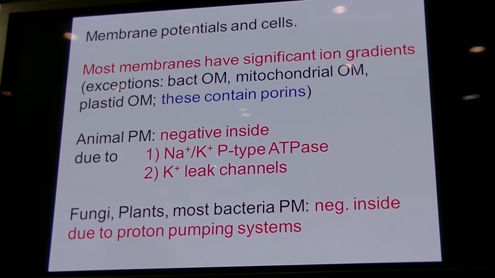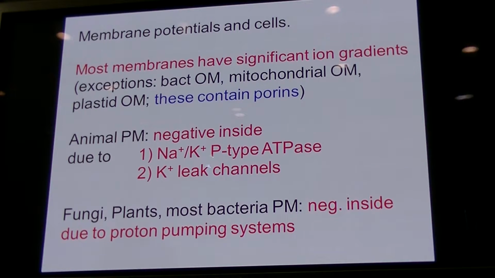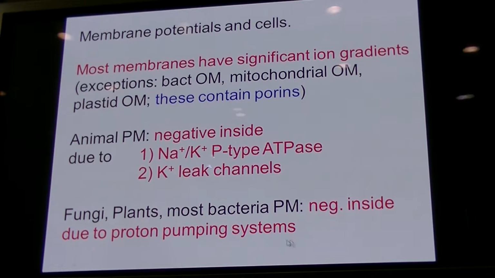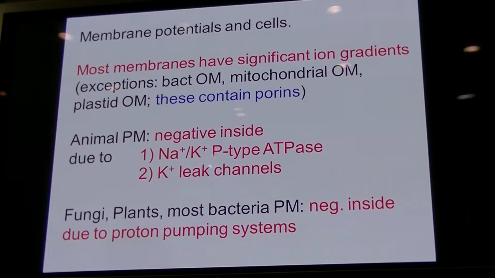These can be P-class pumps, or these can be respiratory or photosynthetic electron transport systems, but they're pumping systems. So, animal cells, sodium gradient, positive out. Any other system, positive out, proton gradient. Hydrogen ion gradient. I think you need to remember that.